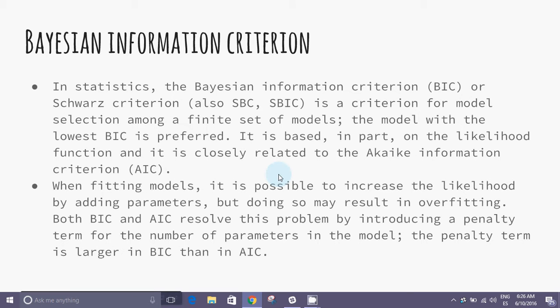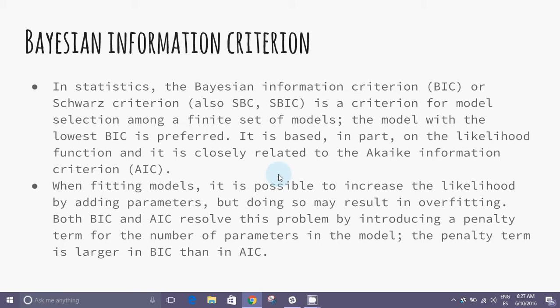Bayesian information criterion. In statistics, the Bayesian information criterion is a criterion for model selection among a finite set of models. The model with the lowest BIC is preferred. It is based in part on the likelihood function and is closely related to the Akaike information criterion.